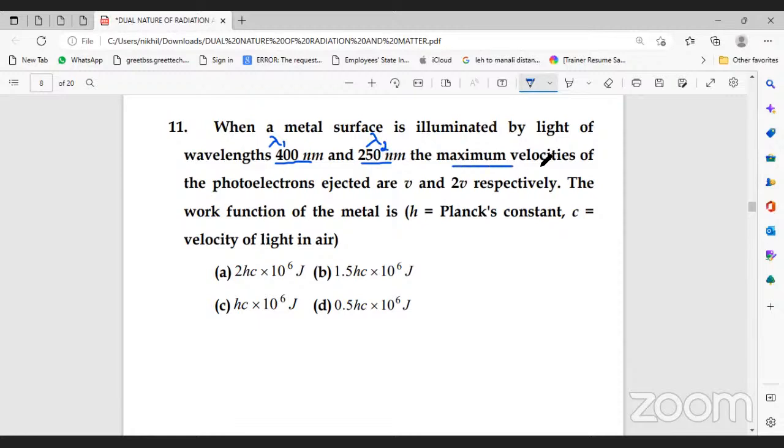The maximum velocities of the photoelectrons ejected are V and 2V. This is V1, this is V2.